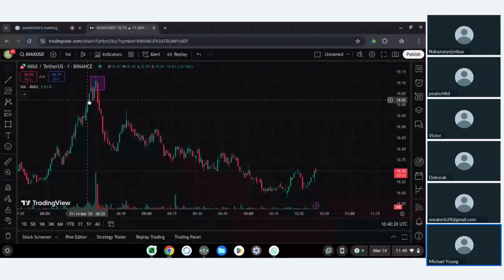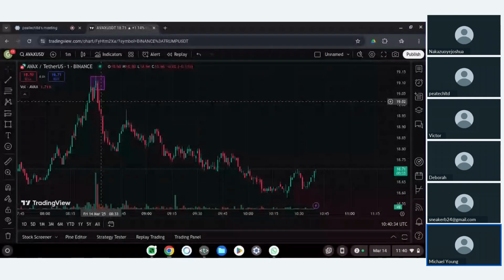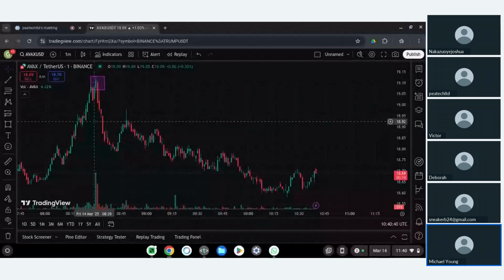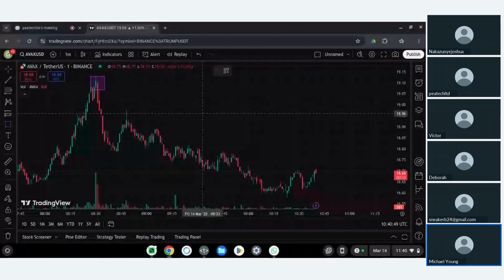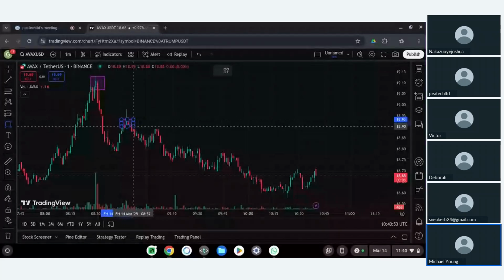Can you hear me? Yes, we can hear you. Go ahead. Okay, sir. You said in the bearish market, we have lower lows and lower highs. So I think this started the resistance which is the bearish market, and here is a lower low. Here's a lower low.